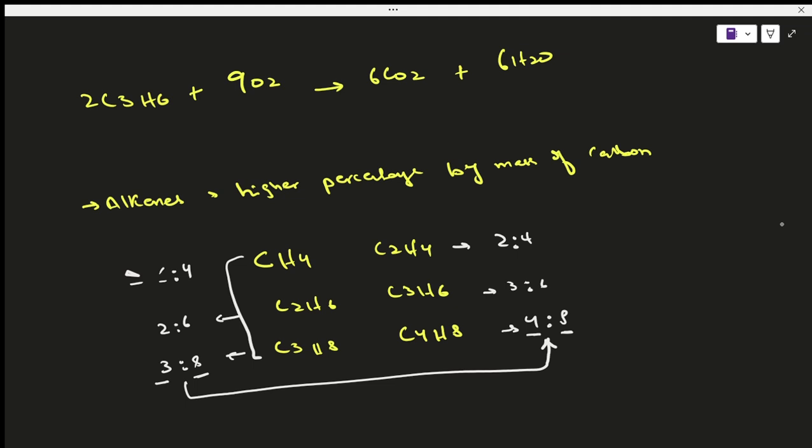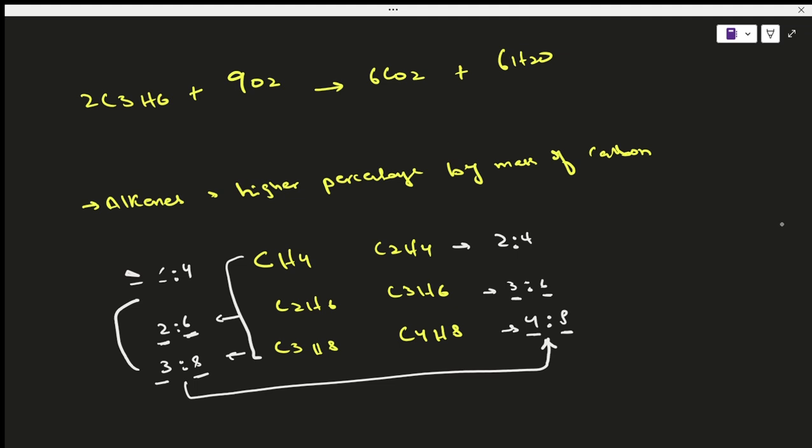So here the mass of carbon is less. For 6 hydrogens you have 2 carbons here, but for 6 hydrogens you have 3 carbons there. So the ratio of carbon to hydrogen is more in alkenes.